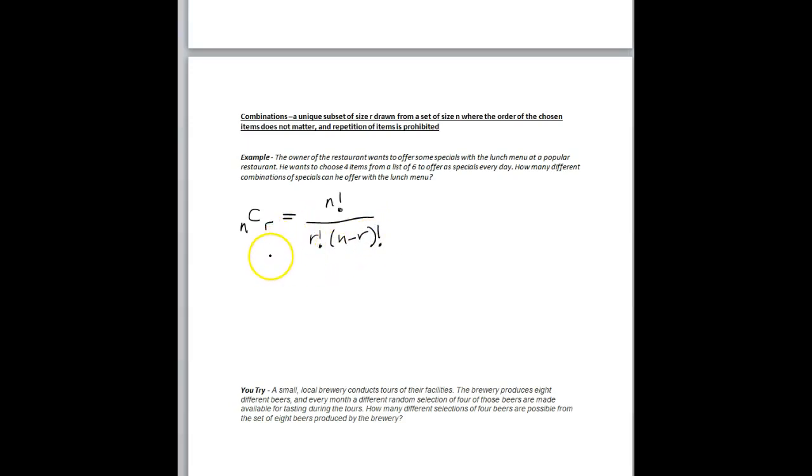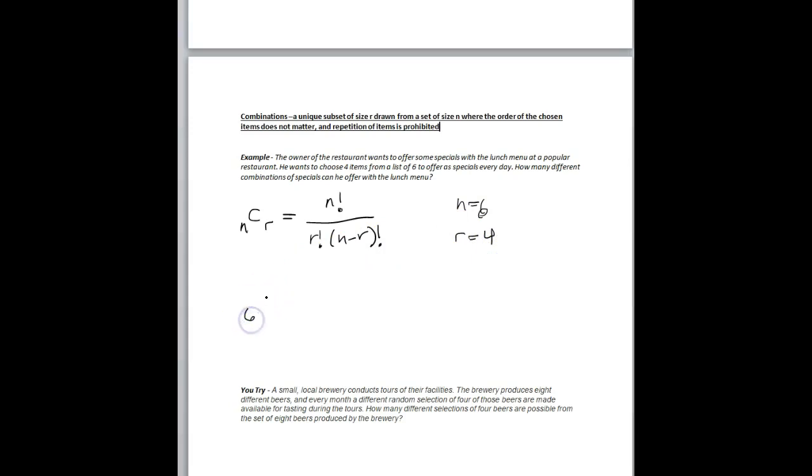So n represents the size of the set. In this case, n would be 6. And r is the number that you're choosing. So then what we would do is plug this in here.